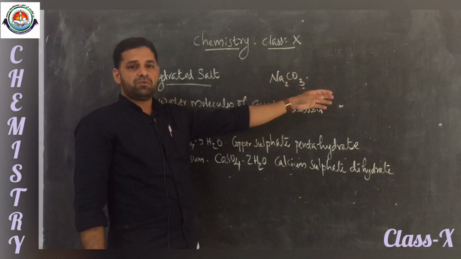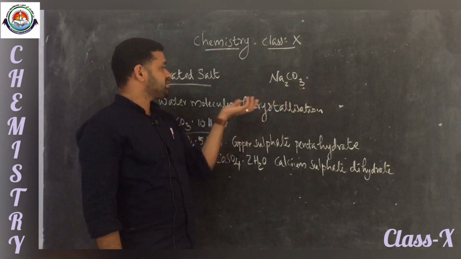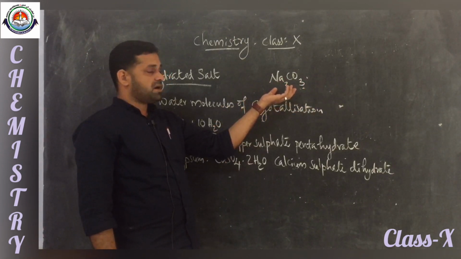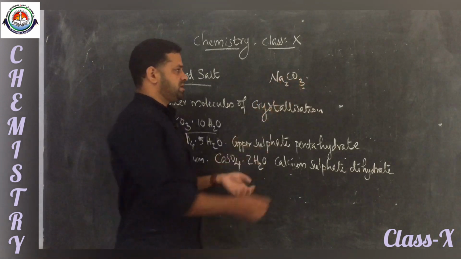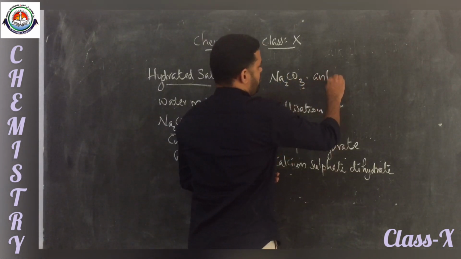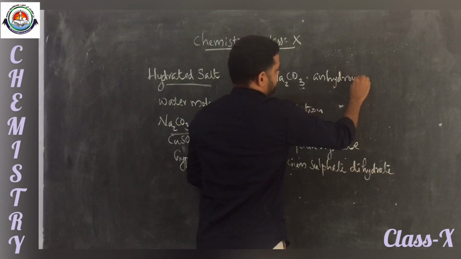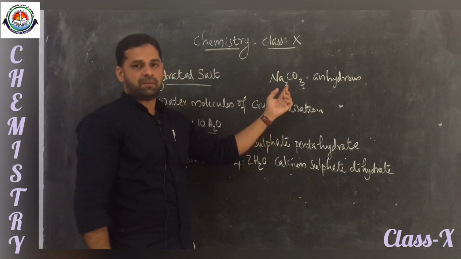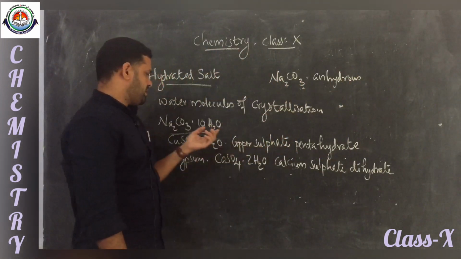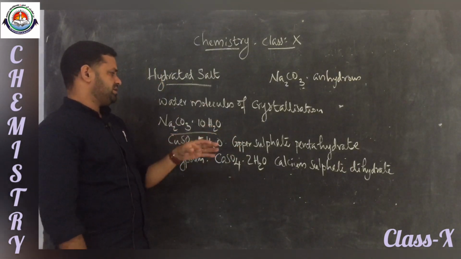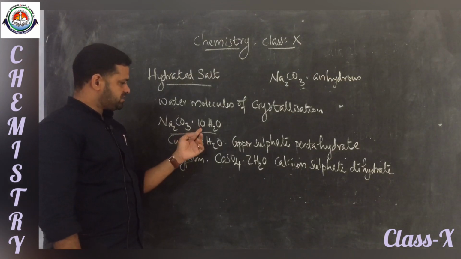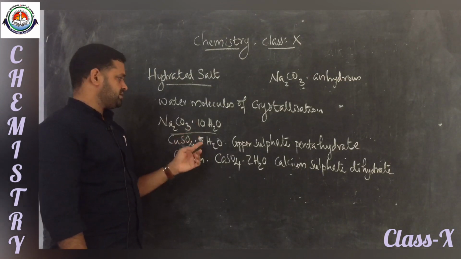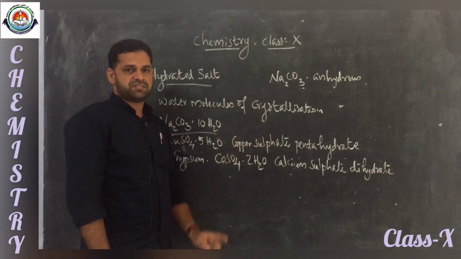Without water molecules, it is called anhydrous sodium carbonate, and that is called soda ash. There are no water molecules. But when there are water molecules, it is different. So this is called a hydrated salt, and these water molecules are otherwise known as water molecules of crystallization.